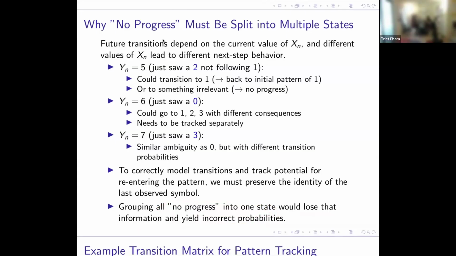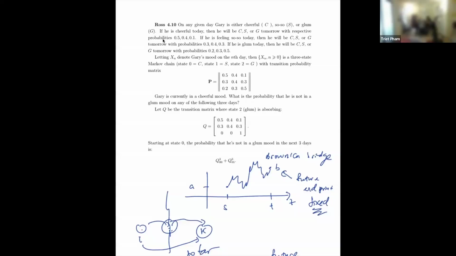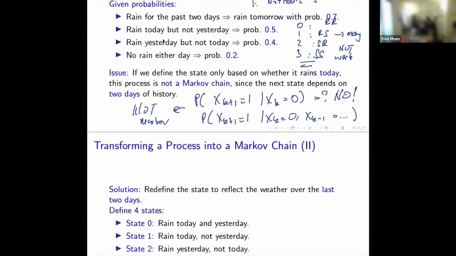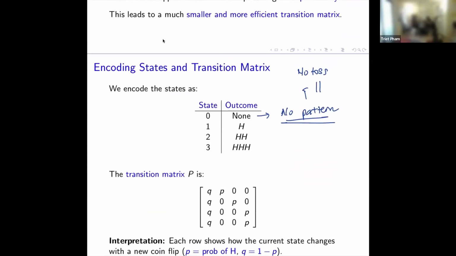Having said that, let's go back to here, because it's very educational to compare with what we have done and ask, so why is it that here we can just do a single state? Why does the other one require more modeling, more encoding?